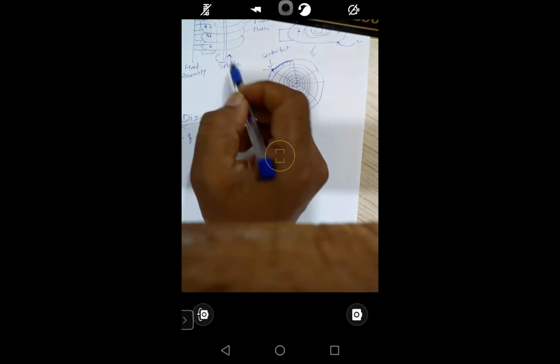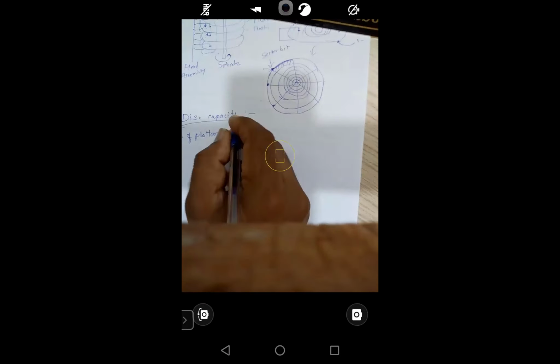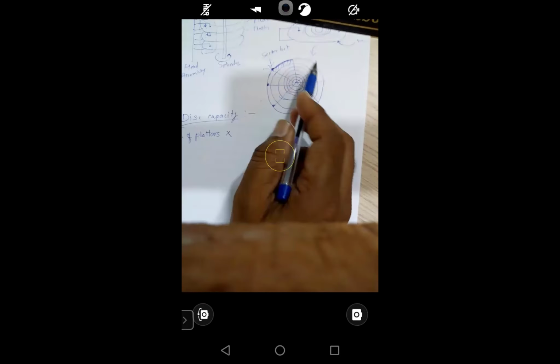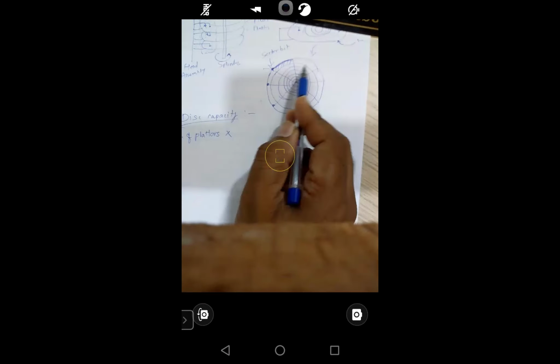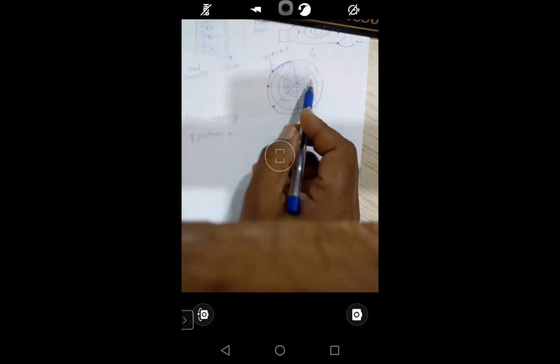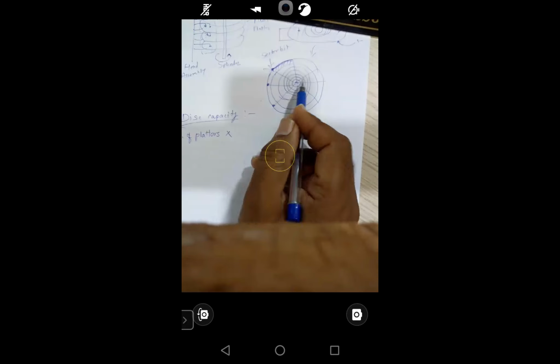For example, four platters are there, so 4 into, here again, we have seen this is one surface. On one surface there are multiple tracks. Here you will find thousands of tracks on one surface.